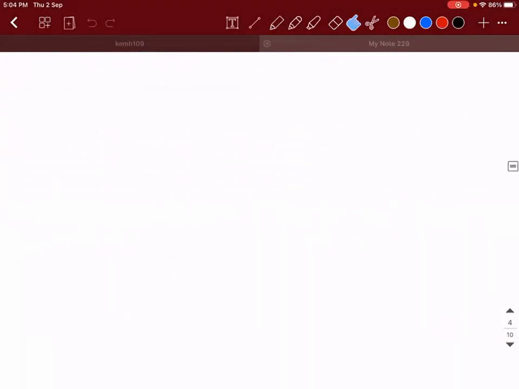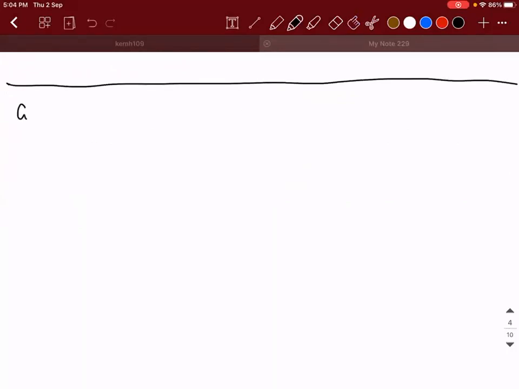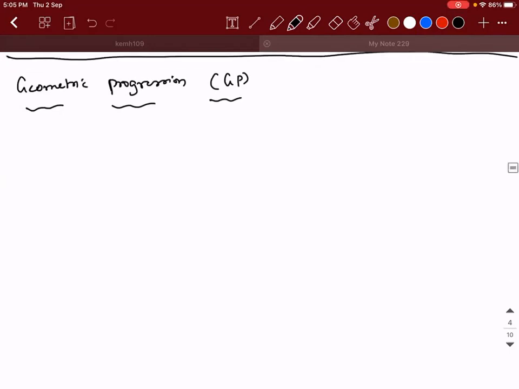So let's get started. Right now the heading is geometric progression. What do you understand by the meaning of geometric progression? You have not learned this? So if there are terms A1, A2, A3, and so on till AN, it is a sequence.